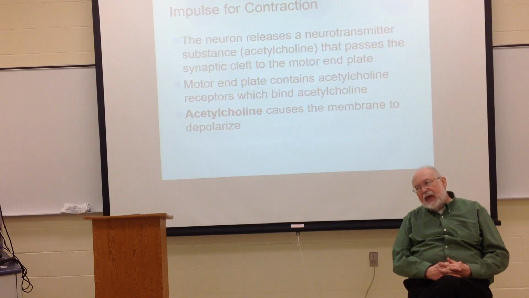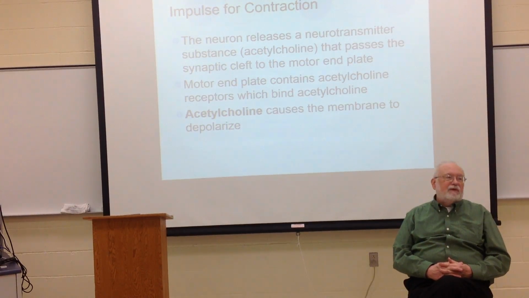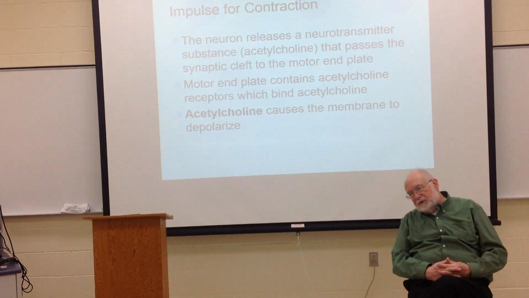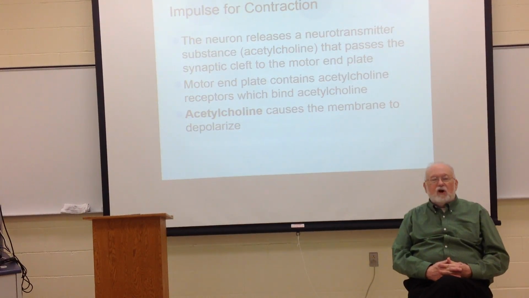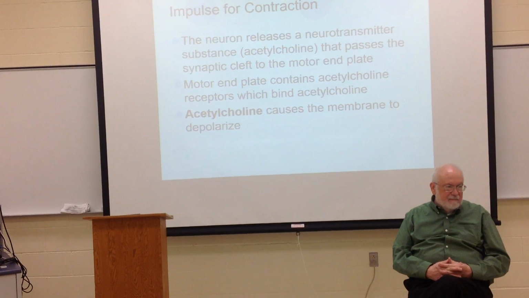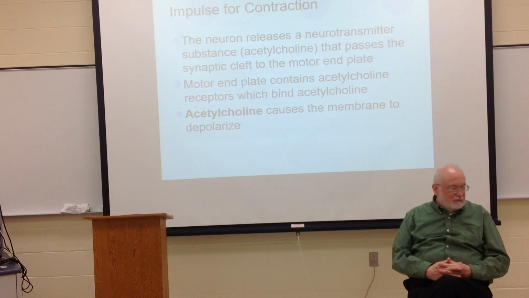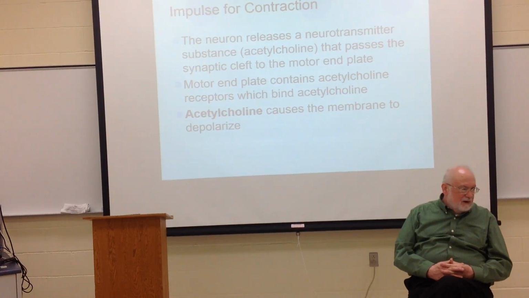What does it do in the case of the muscle? It diffuses across that synaptic cleft and combines with acetylcholine receptors, which are proteins embedded in the membrane of the muscle cell at that motor end plate location. Okay? All right.